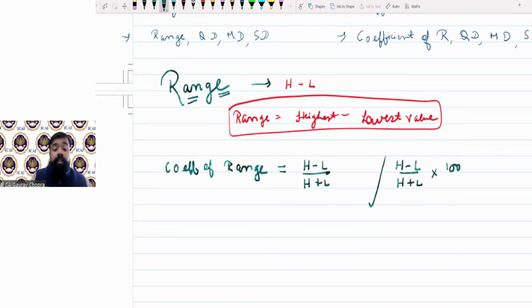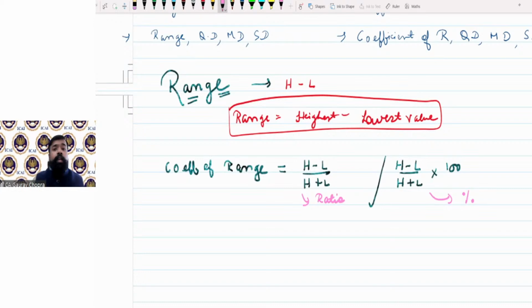Whenever we multiply by 100, the answer will come in terms of percentage. But if we are not multiplying by 100, then the answer will come in terms of ratio. So this is coefficient of range.